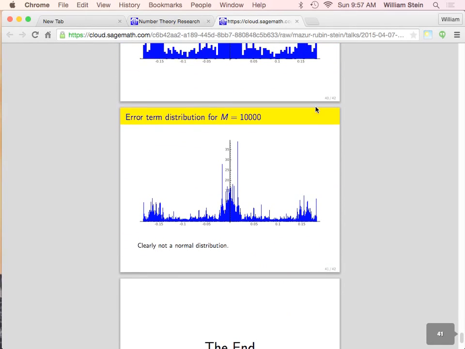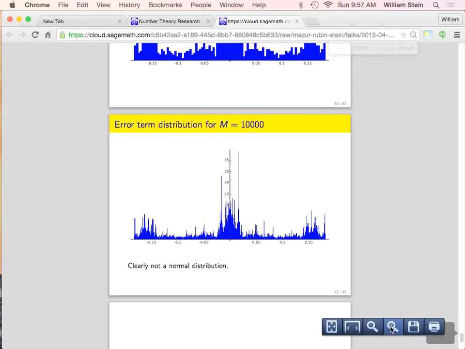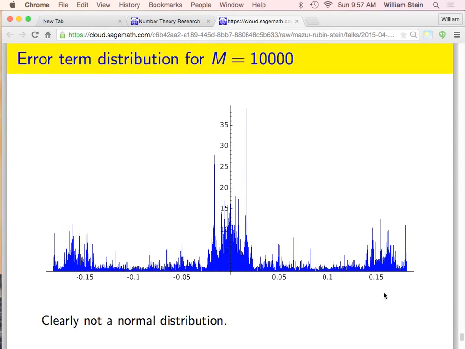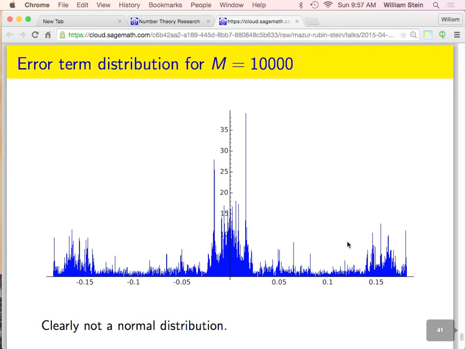It's not exactly the plot of the difference, but it's a little bit less information. It's normalized so the area under it is 1, and the differences are at most about 0.2 or so. I'm not telling you which difference this is, but I guess I have m equals 10,000. But it doesn't look like a nice normal error term. It's a little funny. I don't understand what this is at all.